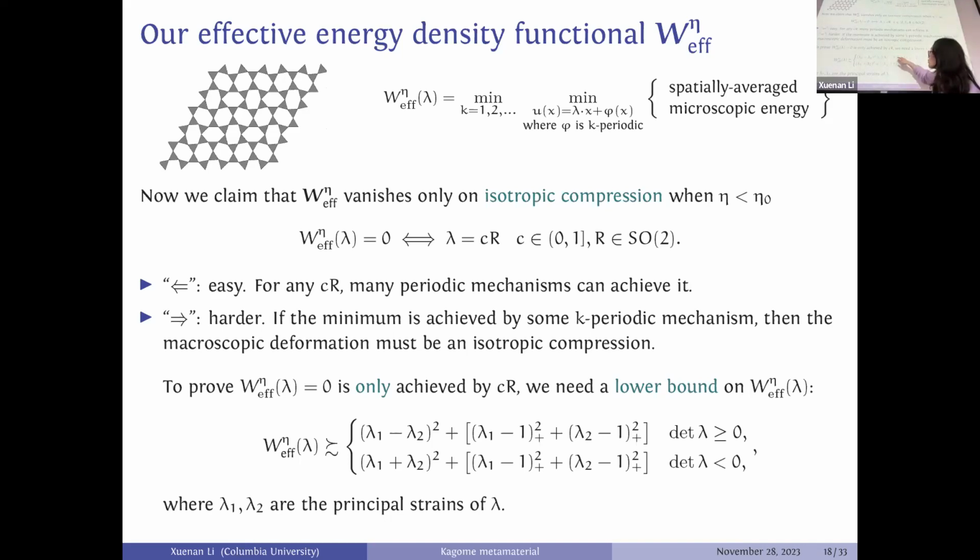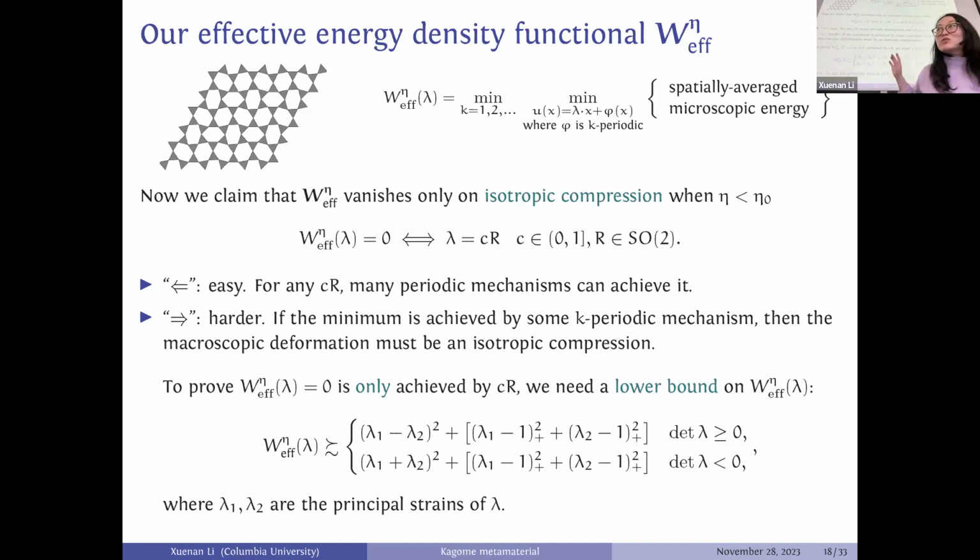This part is restricting our materials from being stretched, because once lambda 1 and lambda 2 are greater than 1, your material is stretched in some direction, and then it's going to cost you energy. And if lambda 1 is equal to lambda 2, that's telling us that if I want to shrink, they must shrink by the same amount. So together with those two, this one only vanishes on constant times rotation.